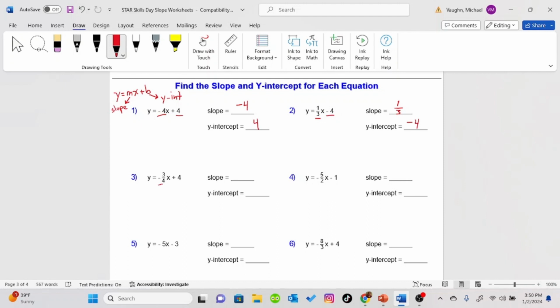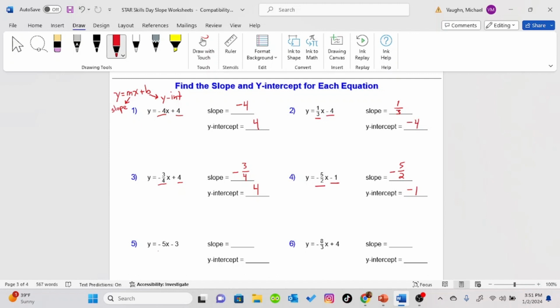Again, my slope is in front of my x, so -3/4, and my y-intercept is by itself, +4. My slope is in front of my x, -5/2, and my y-intercept is by itself, -1.